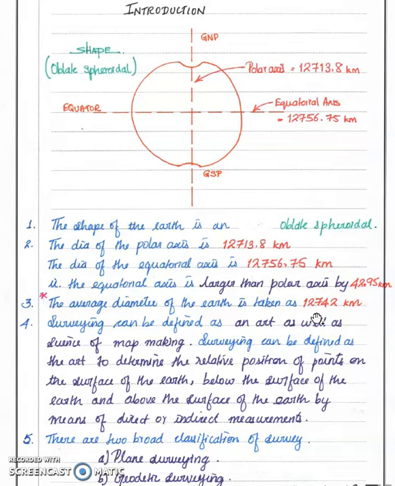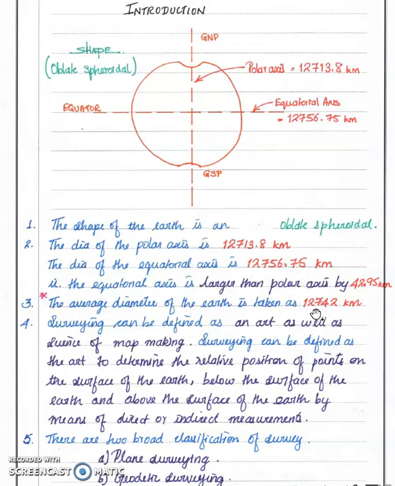Surveying is defined as the determination of the position of points on the surface, above the surface, and below the surface, or simply, the measurement of points on the horizontal plane as well as the vertical plane.